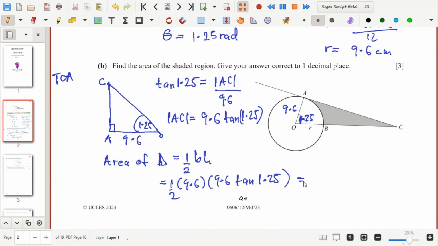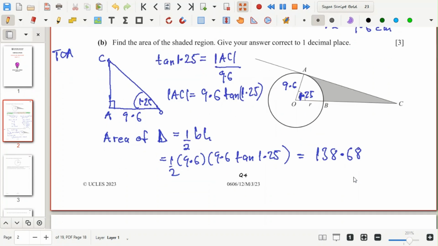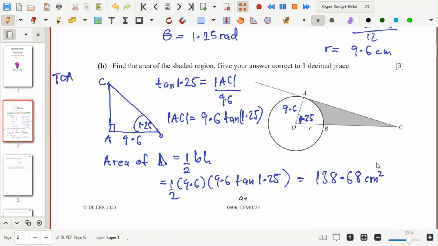So when you calculate this, let's do it together and see what you get. So I'm getting 138.68. Okay. So that's the area of the whole thing, the right angle triangle.